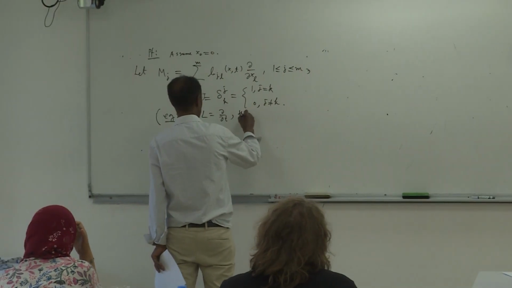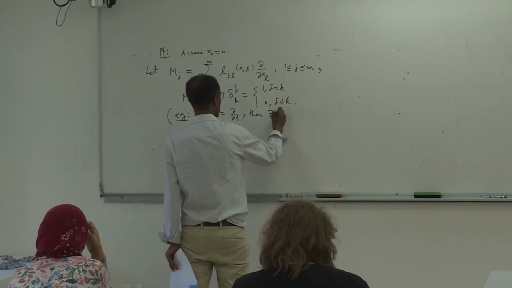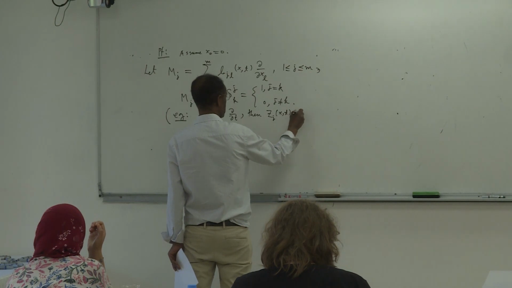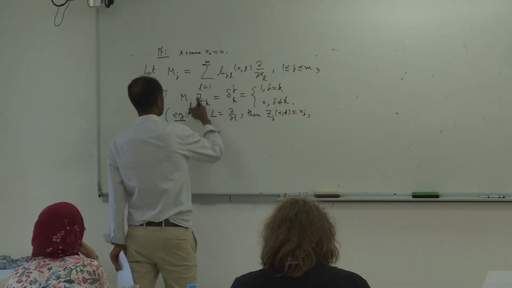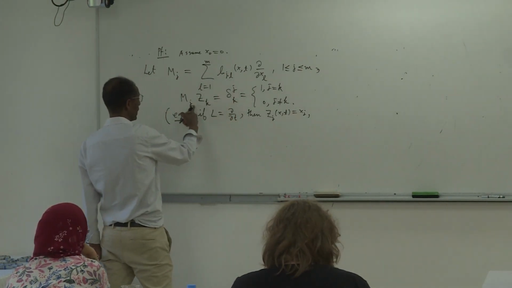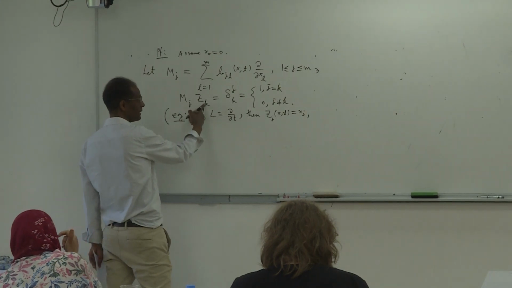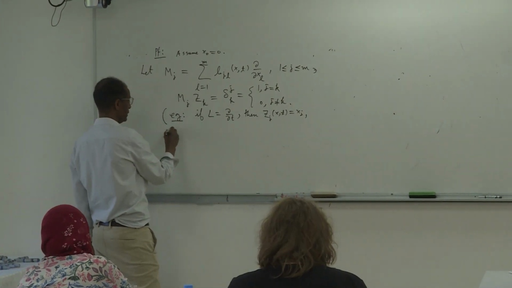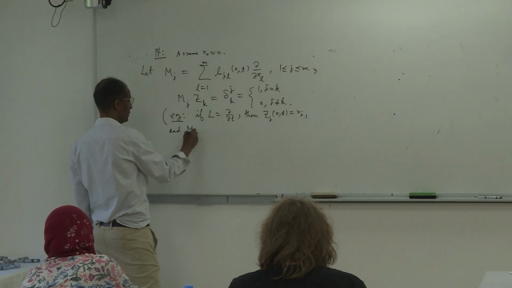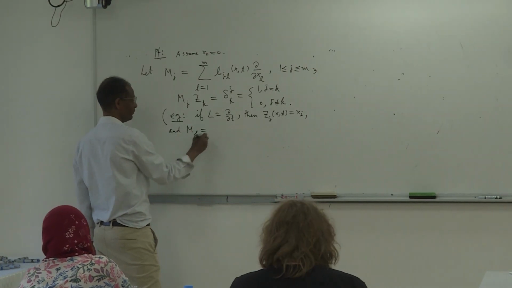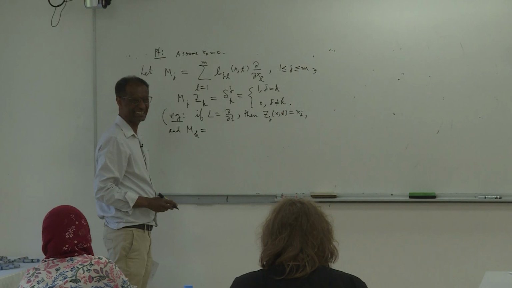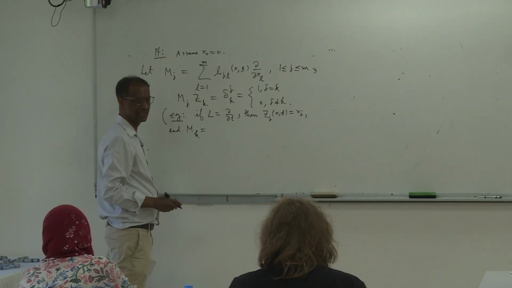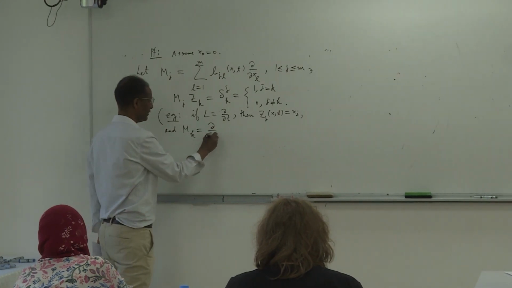Then the Zj will simply be these coordinate functions xj, and in that case, what vector field satisfies this? Can you tell me? And so the Mk have to be of what form? d by dxk, right?